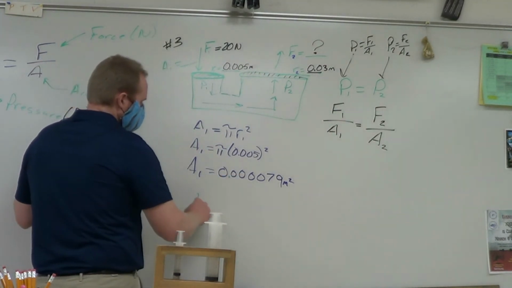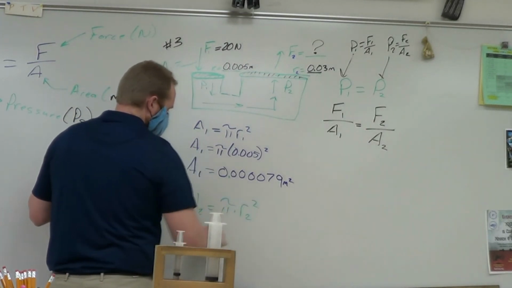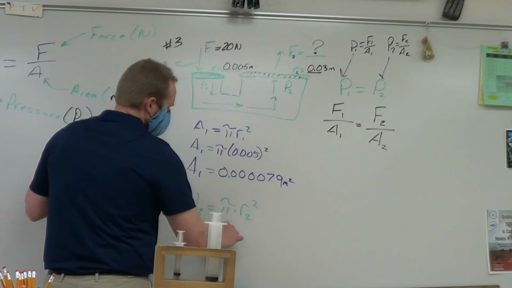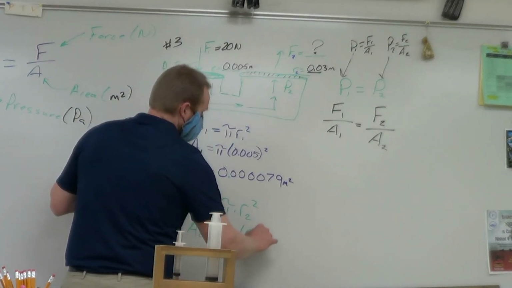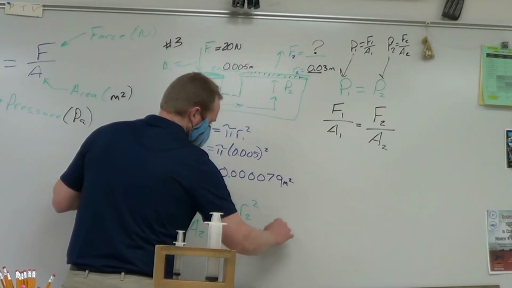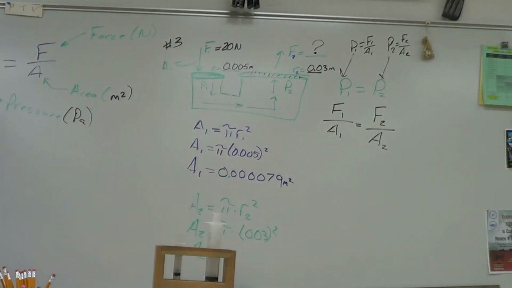Then we can go through and say, well, A2 is pi times r2 squared. And A2 is equal to pi times 0.03 squared. So my A2 is equal to another number. Now this is going to be a less small number, but it's still going to be a small number.